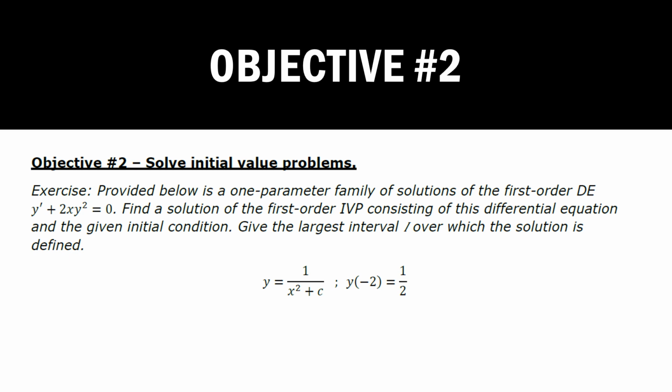So we have our DE. Let me label that here. So this right here is our DE. Then we are given y equals 1 over x squared plus c, and this is the general solution.